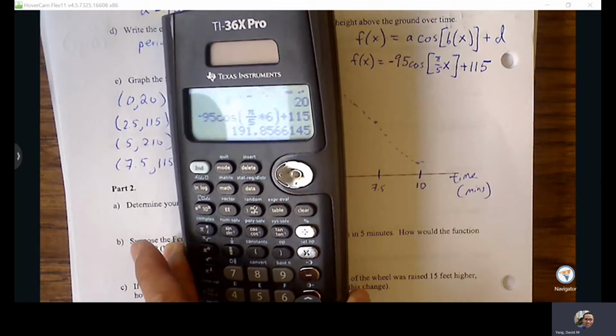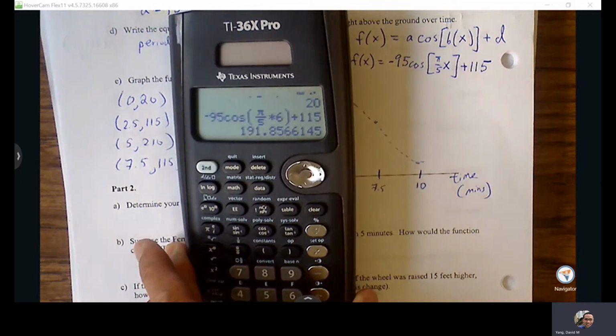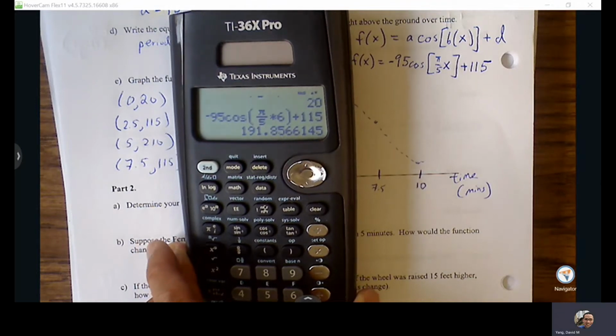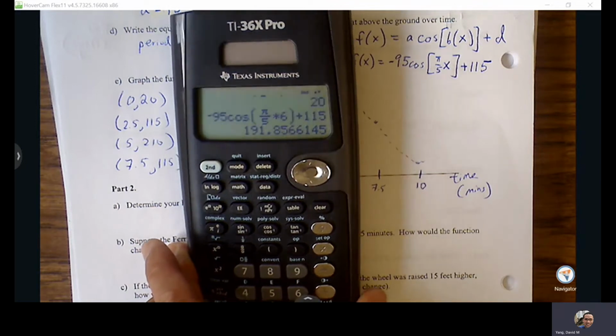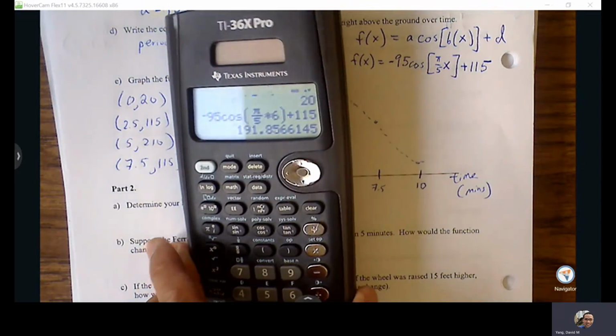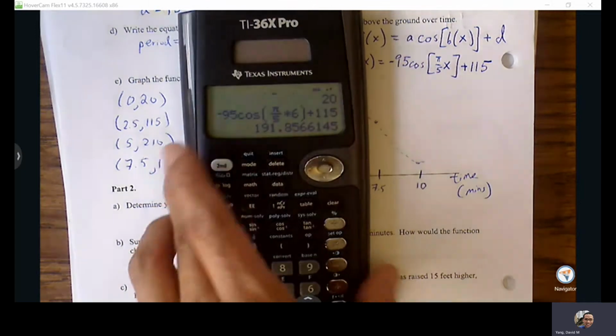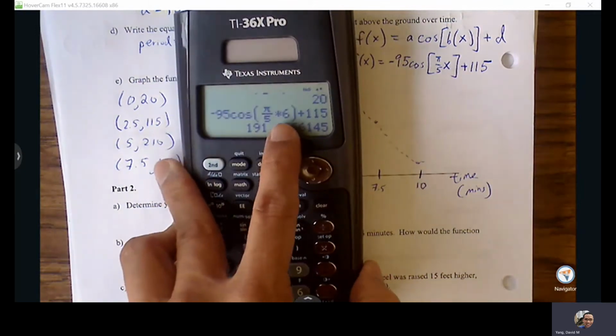Yes, parentheses is good enough. Do you guys see? So round to nearest. Well, I rounded to 192. You guys get 191 point. Okay. I got 20 because I put X. Yeah, that's what I did first. We need to replace x with 6.